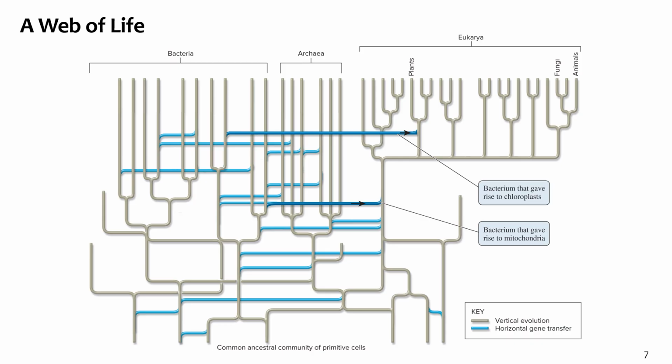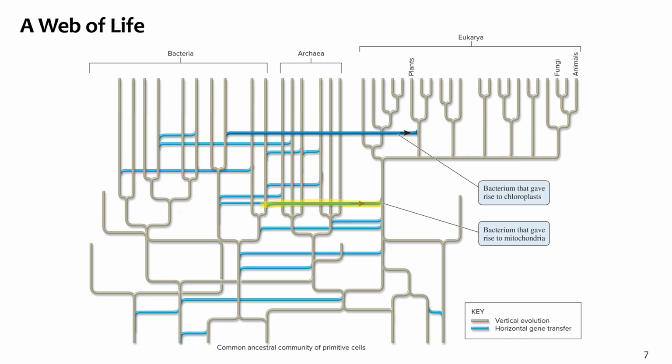2 examples of horizontal gene transfer that you are likely familiar with are the transfer of genes in the evolution of the mitochondria. So if you remember back to Biology 101, we talked about the endosymbiont theory, where a larger host cell engulfed a smaller bacterial cell, and that bacterial cell evolved into the mitochondria.